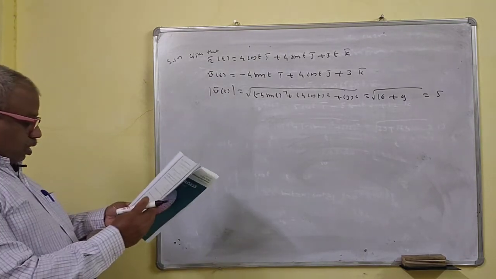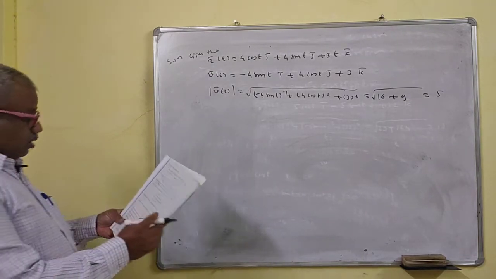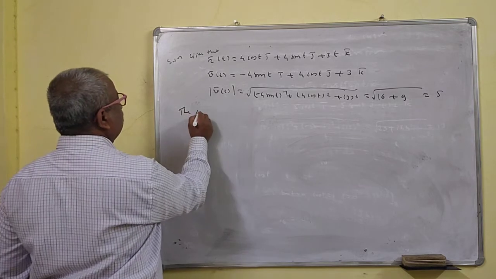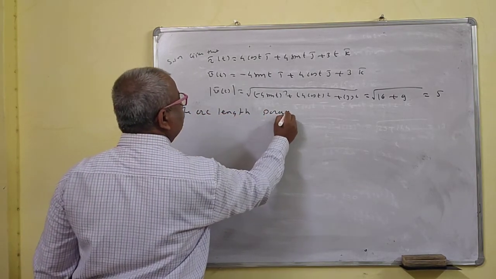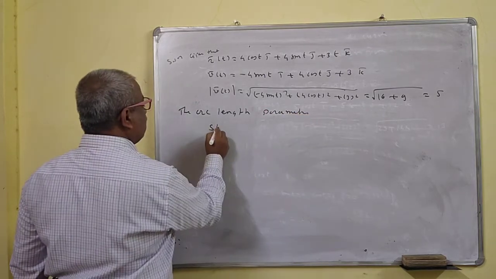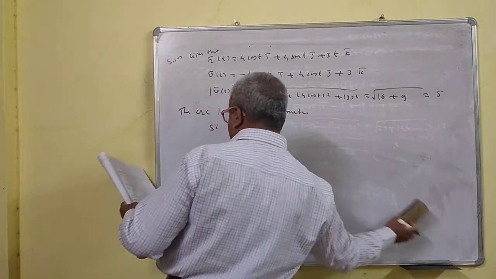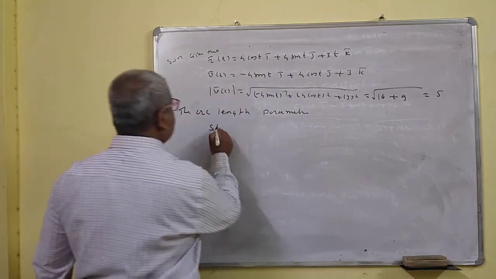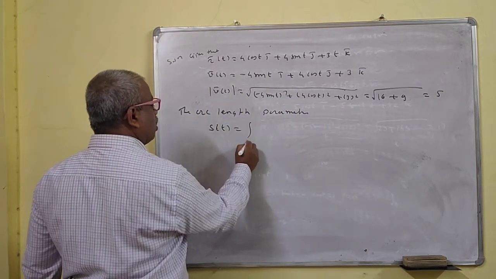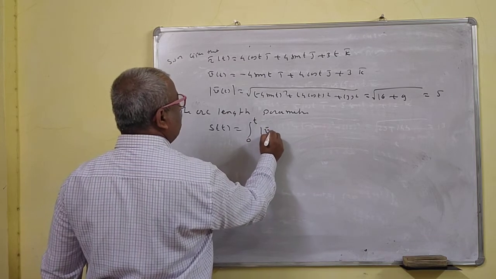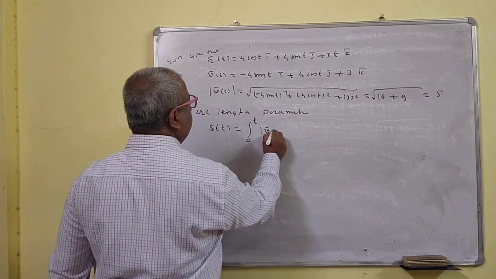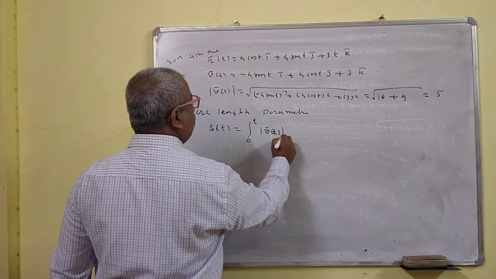Now what you want is the arc length parameter. So this is S of t, which is the integral from 0 to t of mod of V bar of t dt.